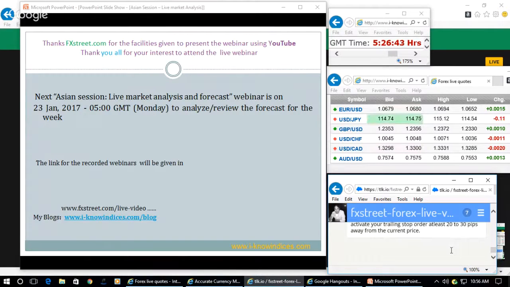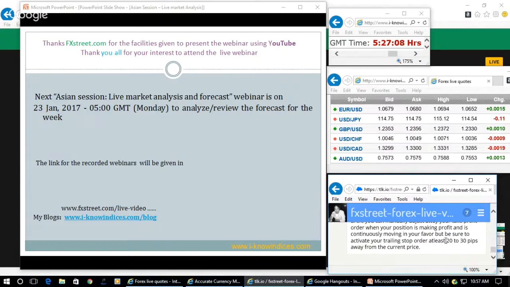Yes, and you can either manually move your take profit order or make it automatic also, provided you keep about 30 pips away from the market. You can make it a trailing stop, a trailing take profit order also. Those provisions are available in the MetaTrader platform, and you have to study the platform features and then try to apply those orders properly.